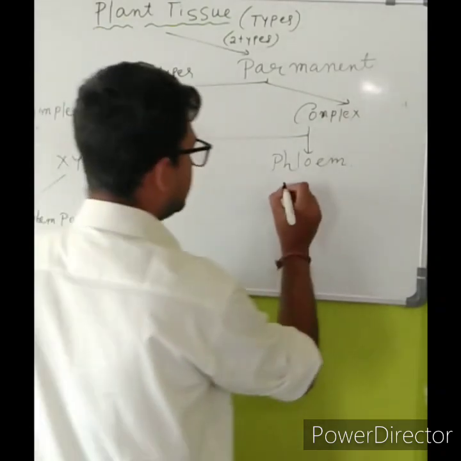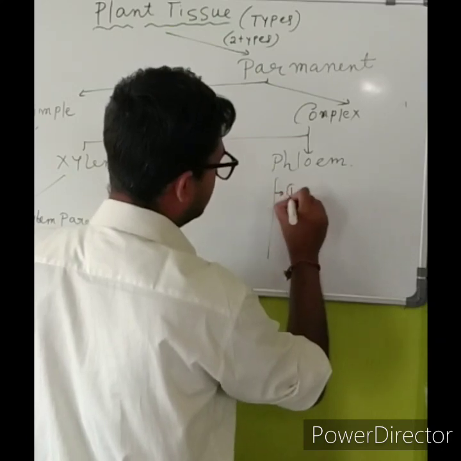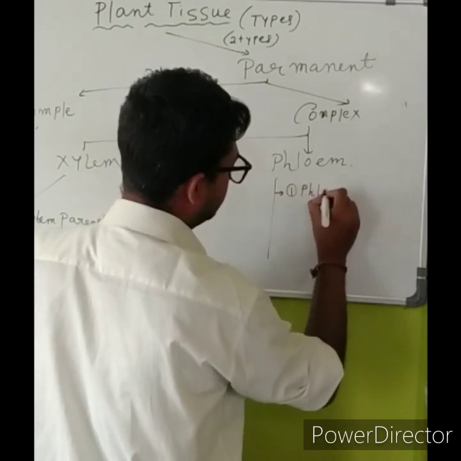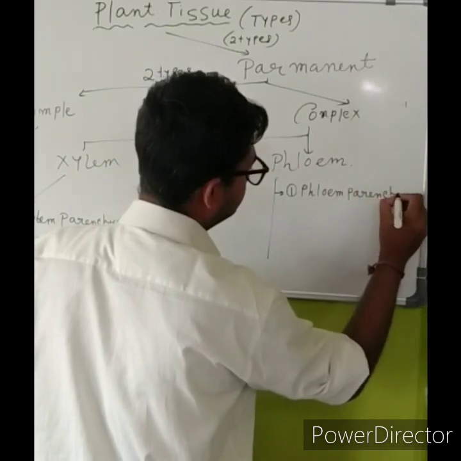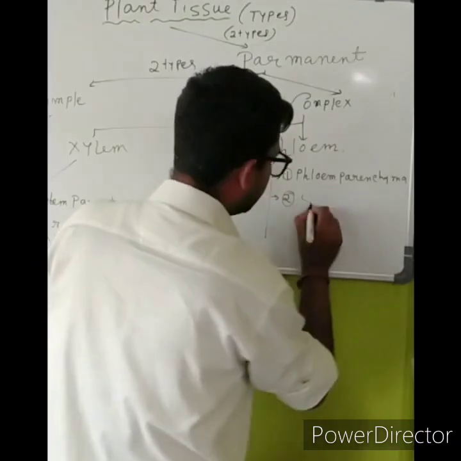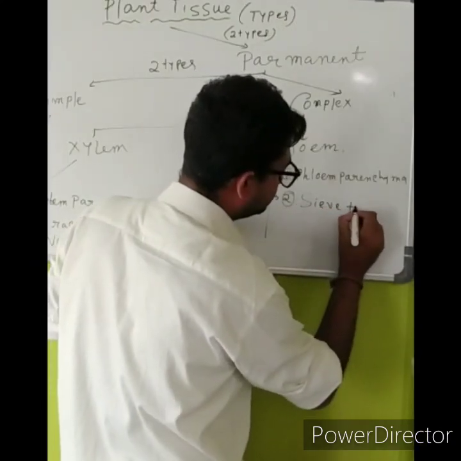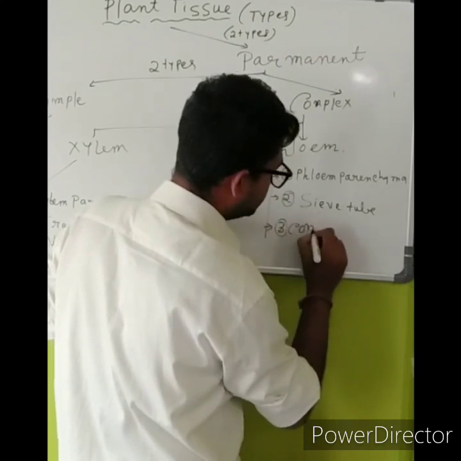The phloem is made up of phloem parenchyma, sieve tube and companion cells.